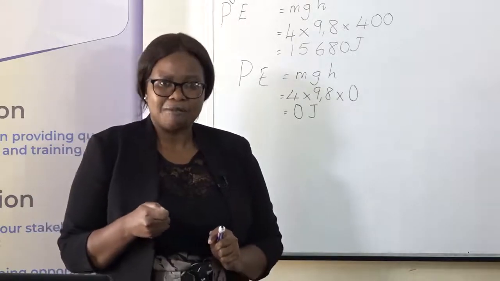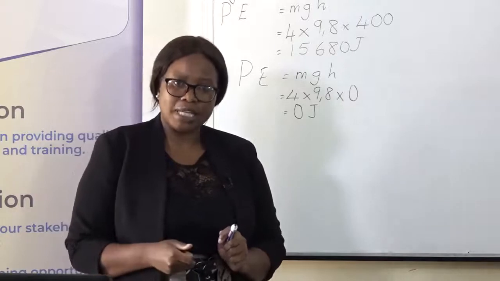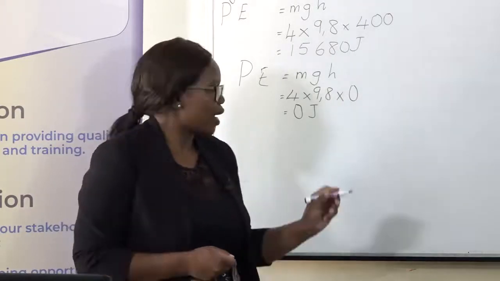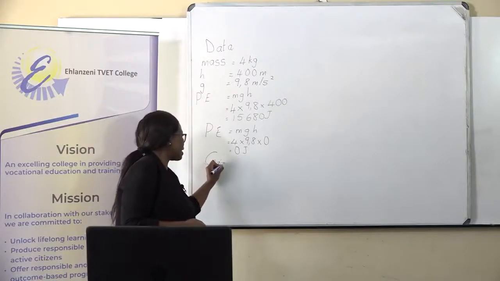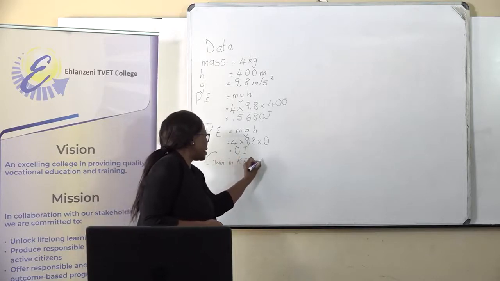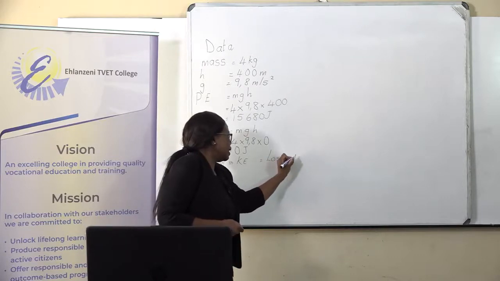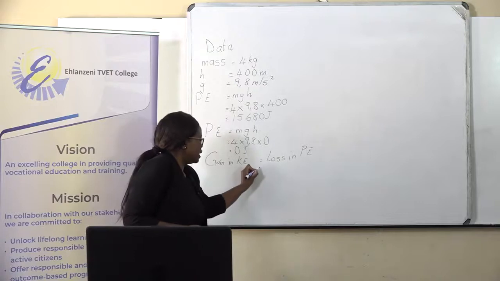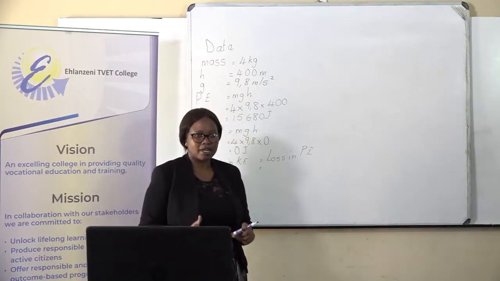Because there is velocity, and with velocity, there is movement which is taking place. So it's going to have kinetic energy. So we are going to say gain in kinetic energy is equal to loss in potential energy.